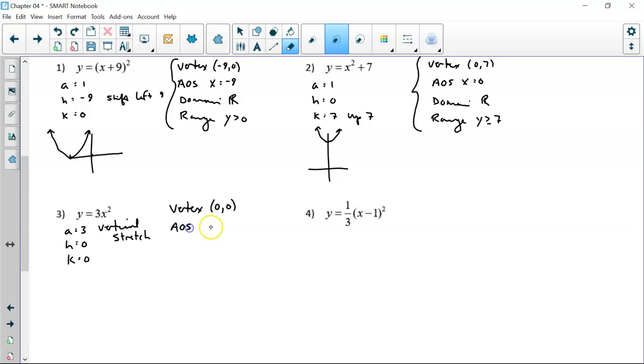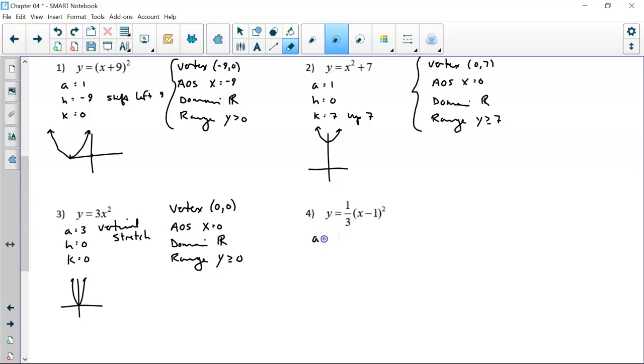The axis of symmetry, x equals 0. Just to help me visualize a little bit, my domain and range. Nothing shifting left or right. All it is, it's opening up faster. It's got that vertical stretch. So my domain, still all real numbers, and my range, y is greater than or equal to 0 because it starts at 0 and goes up.